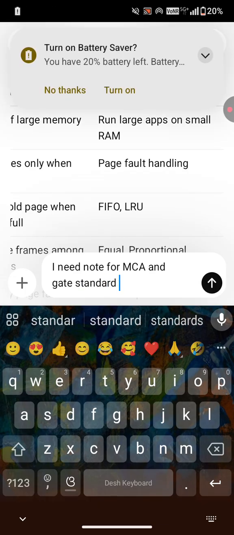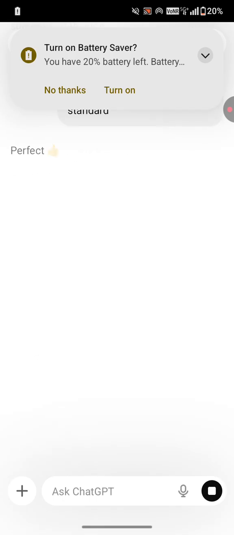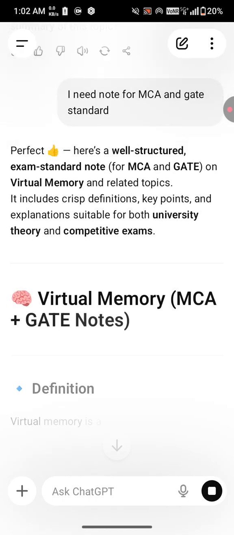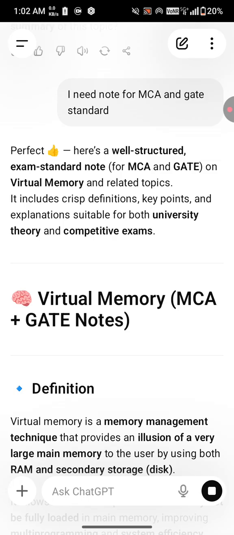Perfect. Here is a well structured exam standard note for MCA and GATE on virtual memory and related topics. It includes crisp definition, key points and explanation suitable for both university theory and competitive exams.